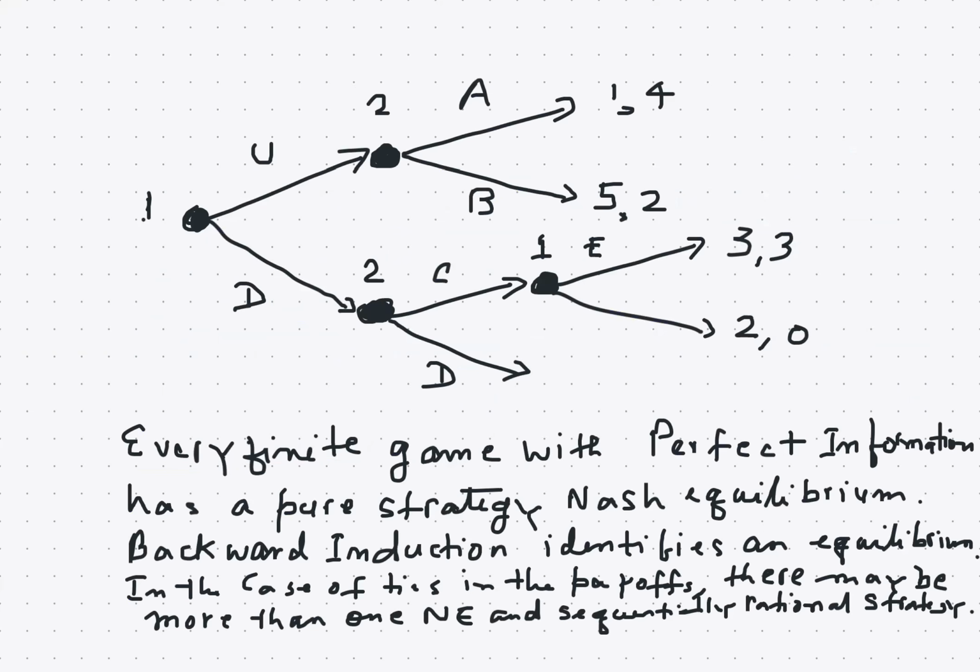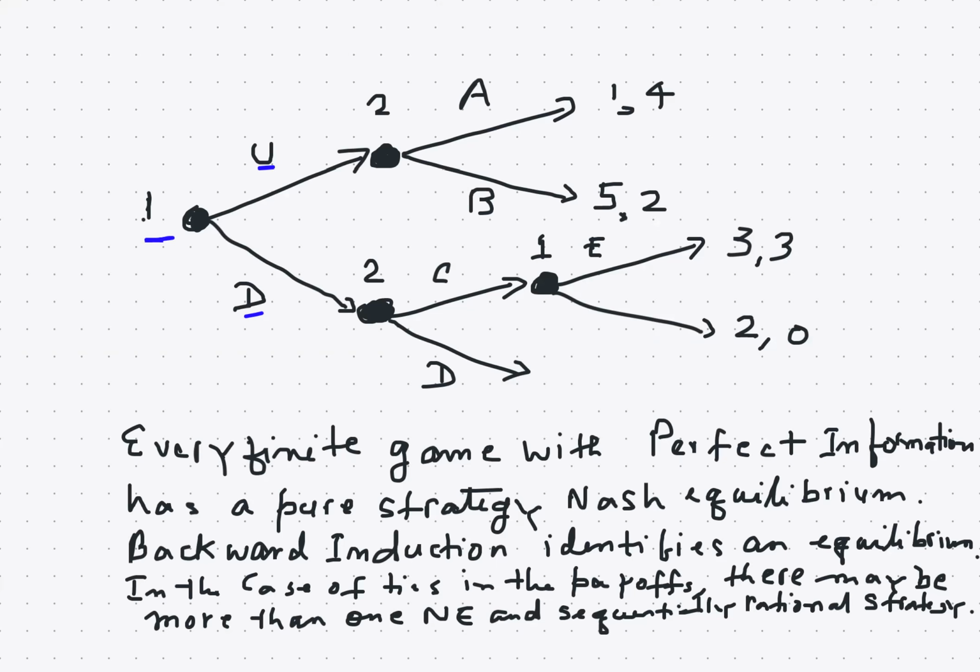So let's consider an extensive form game to analyze. In this game we have 2 players, player 1 and player 2, and we have 3 stages of the game. Player 1 plays at the initial node and has 2 strategies, up or down. Then player 2 gets to see what player 1 did in the 1st stage.